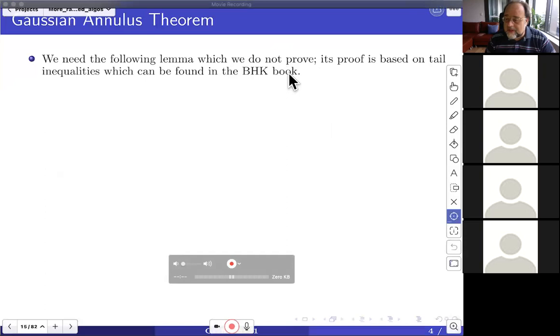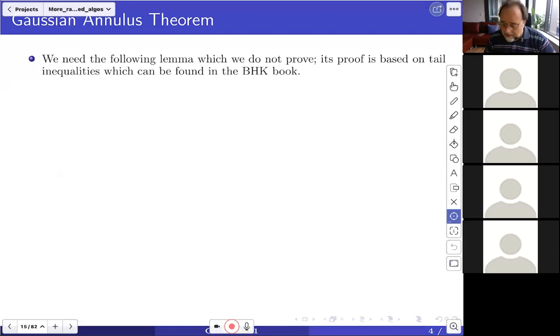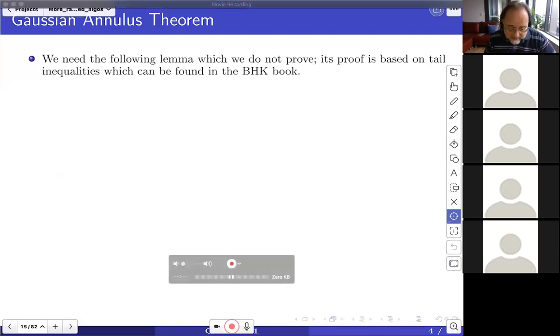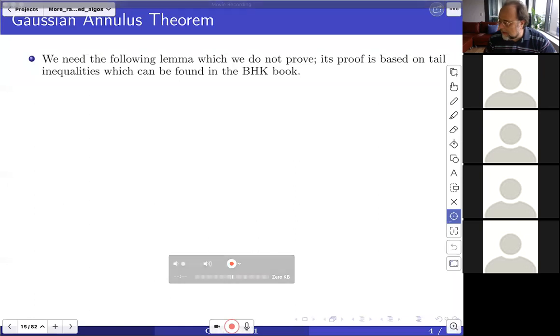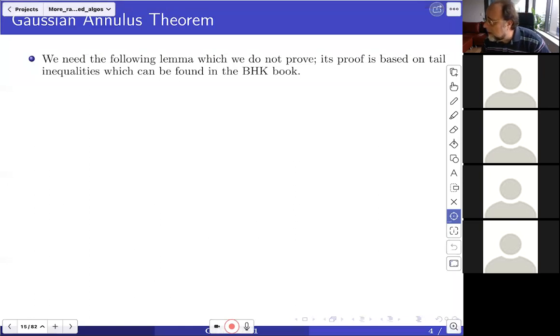Maybe I should pause the, if I only knew how to do that. How do I pause Zoom? Let me see. Oops. It was not very clever.